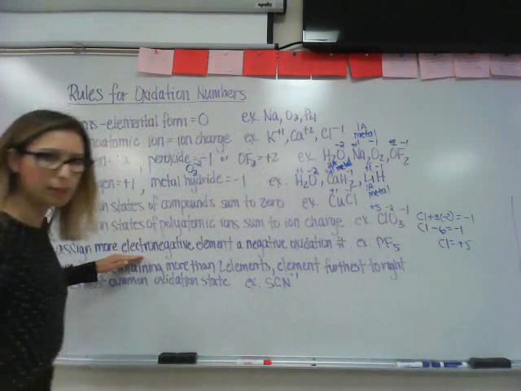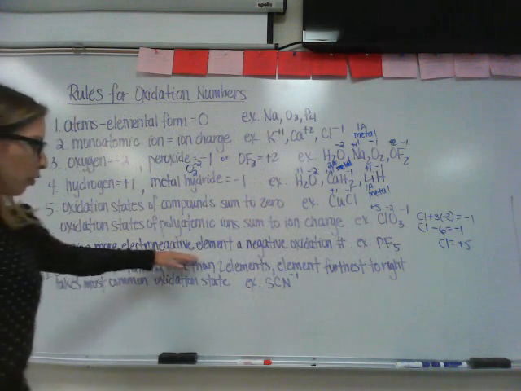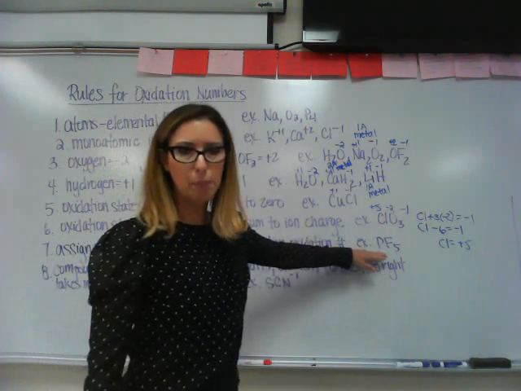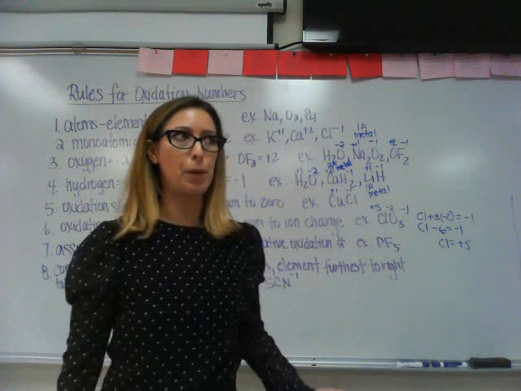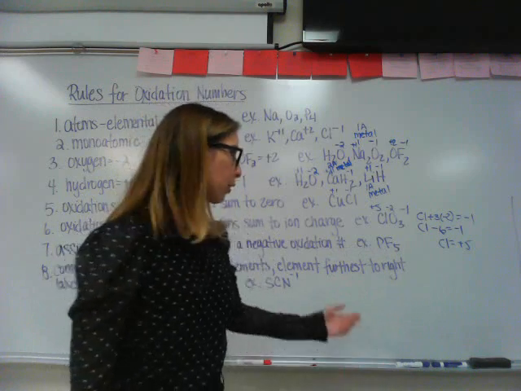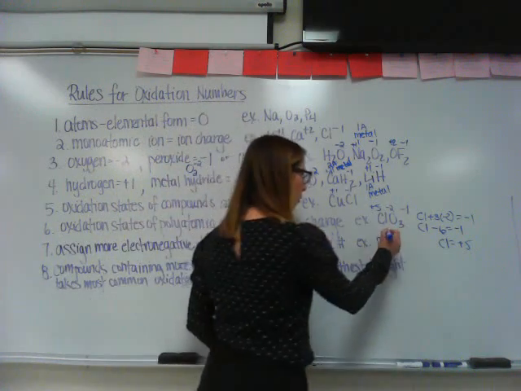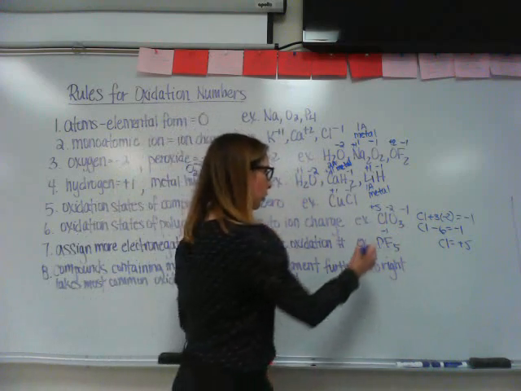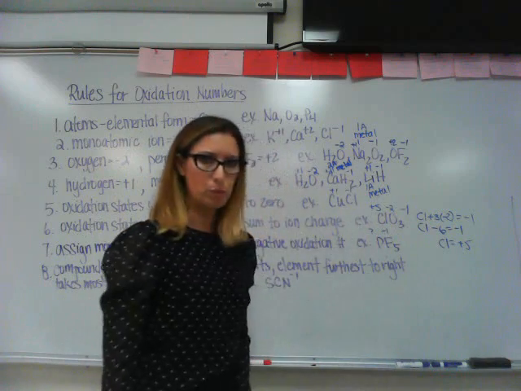Okay, 7th rule. Assign the more electronegative element a negative oxidation number. So if you're looking at PF5, well, electronegativity increases up and to the right on the periodic table. Fluorine is the most electronegative element, so we will assign it its usual charge, which is a -1. We need to figure out what phosphorus would be.